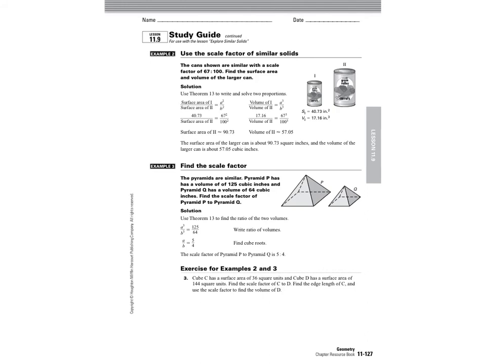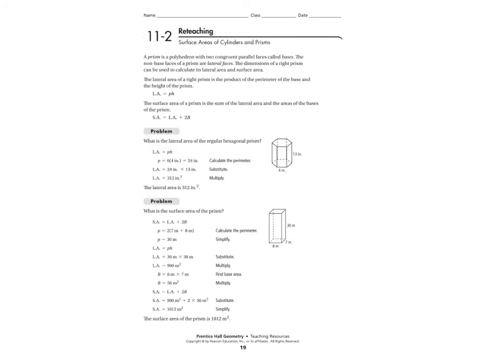So that's 11-9. Then for the surface area questions, now don't go by what's the lesson up here. This is from a different textbook, but this was a good study guide that we could give you because we had to supplement it. So these are all examples for finding surface areas for cylinders and prisms.